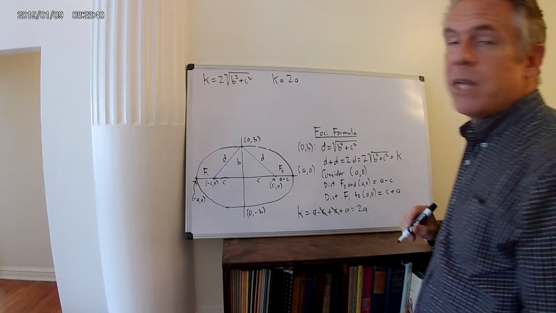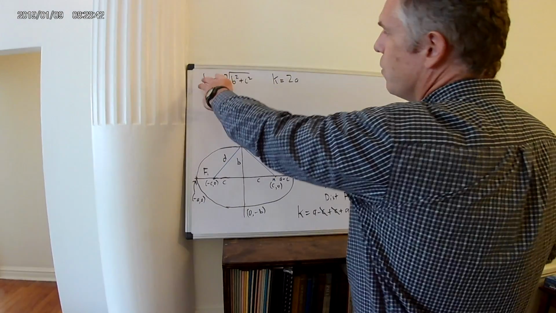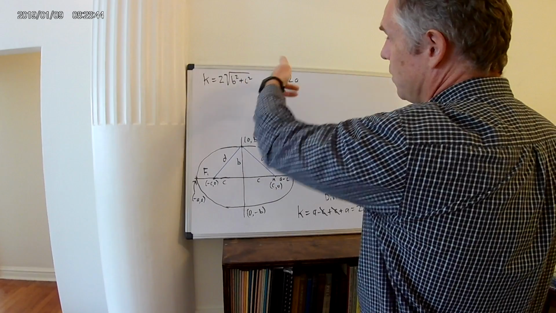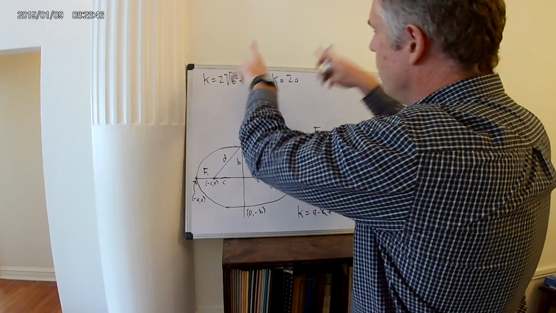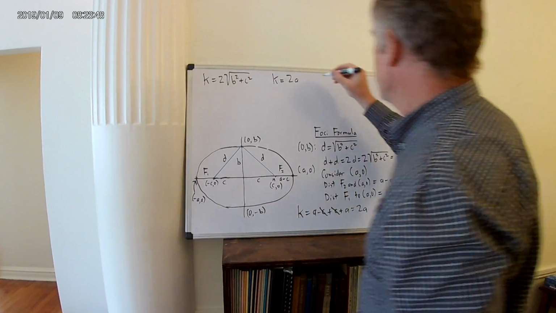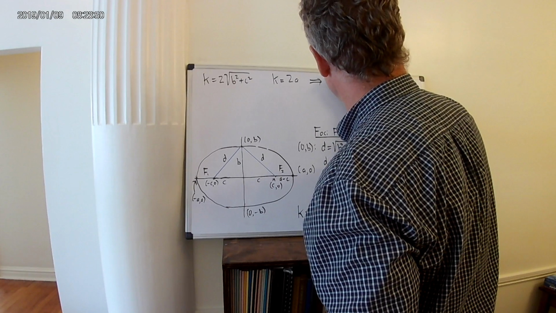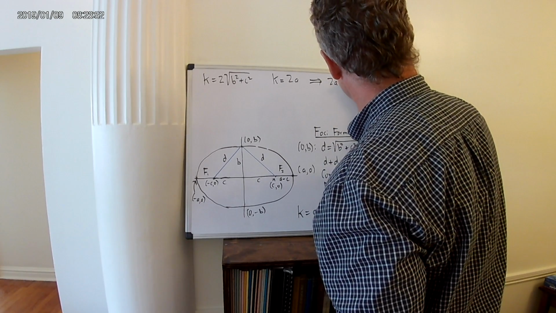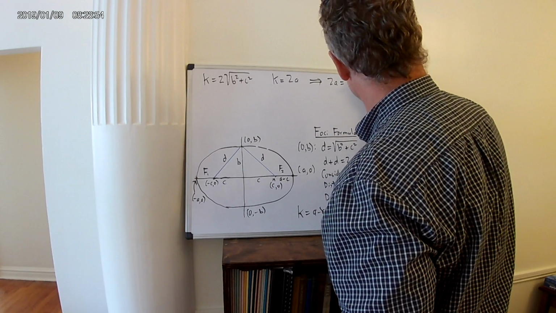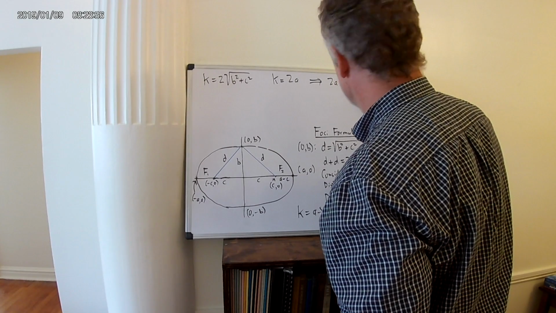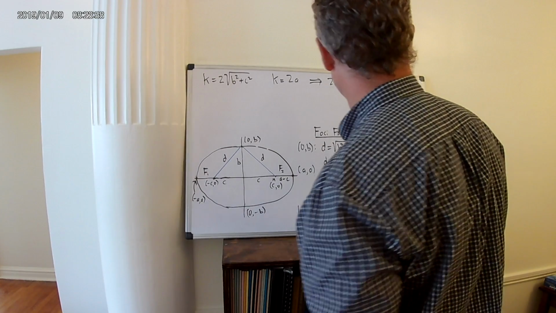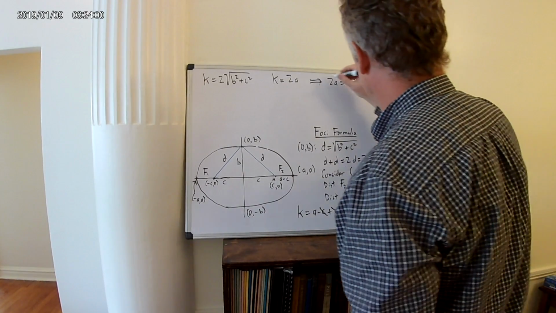Now we can use the transitive property. When something equals something else, and that same something equals a third thing, these two things must be equal. So this leads me to 2a equals 2 times the square root of b squared plus c squared. Okay, and the 2's cancel here.